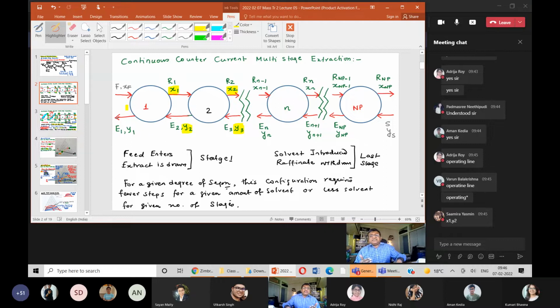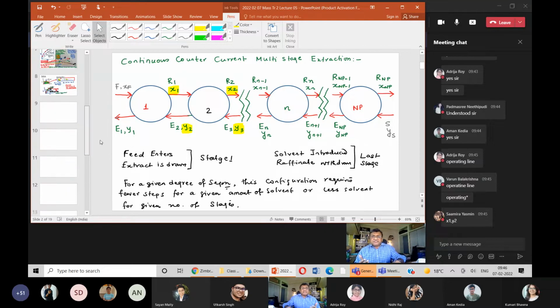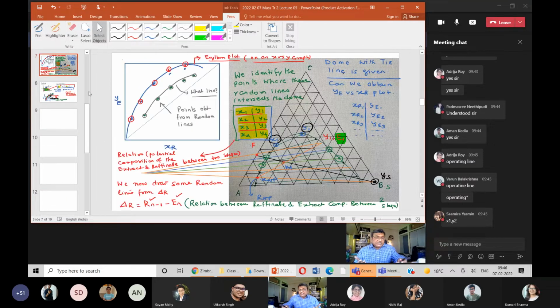So these are essentially the compositions, right? Relation between the composition of the extract and the raffinate between two phases. So each point is the relation between the possible compositions of the extract and the raffinate between two phases. Is this clear to all?